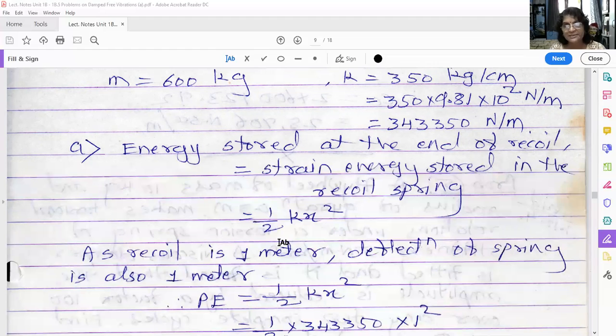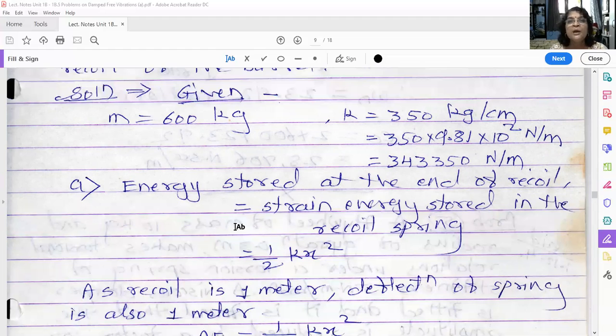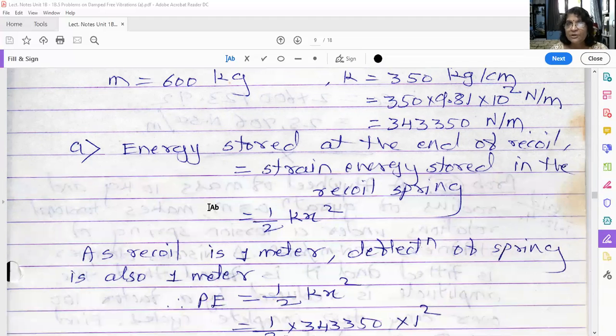It's an ideal case. Okay, so m and k are given. Now this is the problem which is based on the energy system. What is the energy stored at the end of the recoil? That is nothing but the potential energy, that is strain energy stored in a spring. We know it is given by 1/2 k x square.